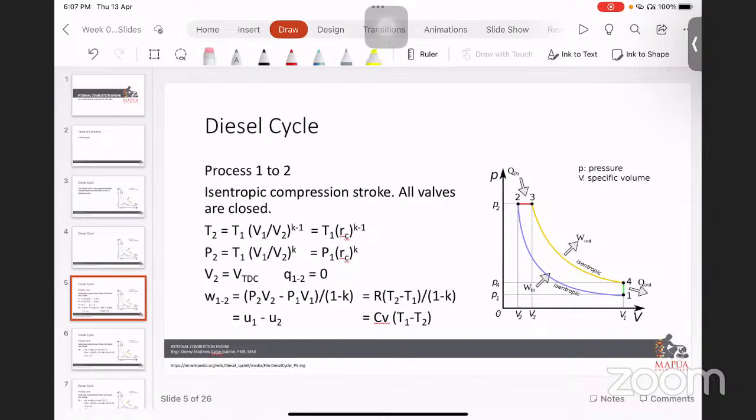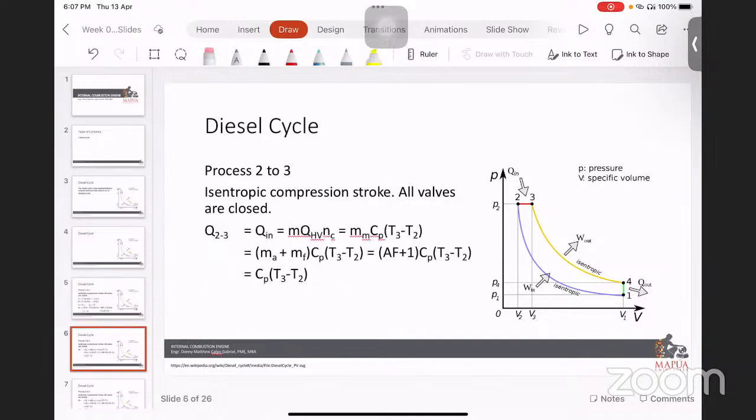Next, process 2 to 3. Okay. Process 2 to 3, ito yung heat intake. Kaso, dito sa heat intake natin, meron din tayong change in volume. So, meron din tayong work. So, process 2 to 3 is heat intake. Heat is equal to m Cv delta T or m Cp delta T. Yung Cp is since constant yung pressure natin, this is the specific heat at constant pressure. Yung k is the ratio between the specific heats at constant pressure and volume.